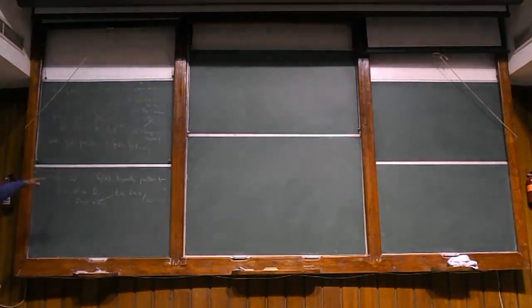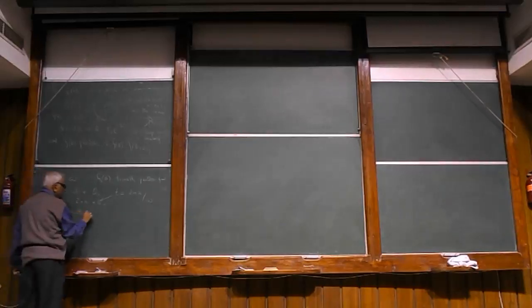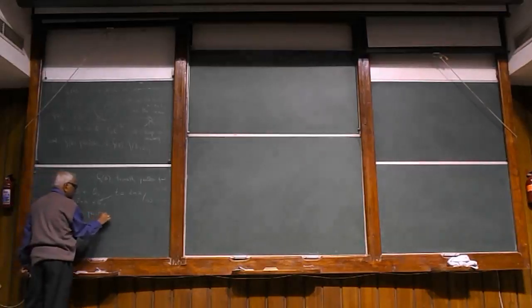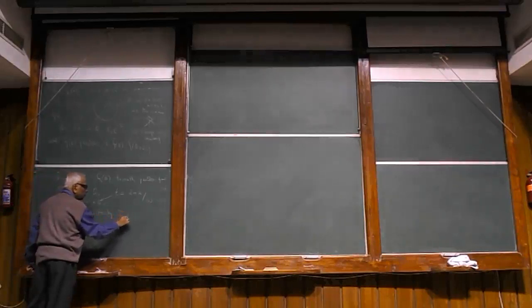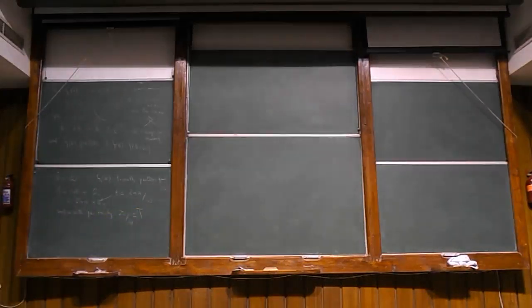So after 2n pi over omega, where n is an integer, you are back to where you were, and therefore this is motion with periodicity 2 pi over omega. So theta dot equal to omega describes periodic motion with period 2 pi over omega. So that's how theta changes.